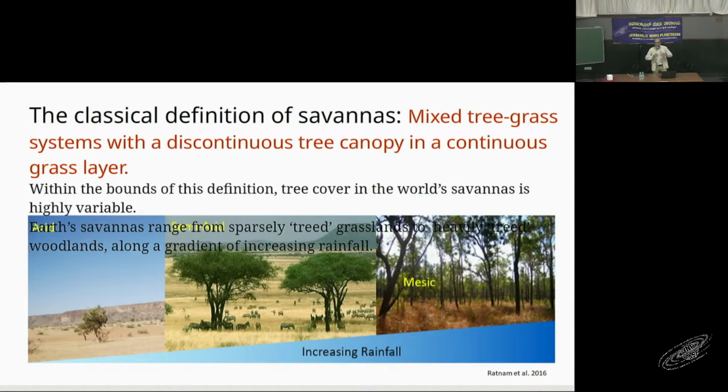And within this broad definition, it can vary from completely open systems with very few trees, such as on the left, to moderate tree density in the middle, and even high tree densities, almost forest-like, on the right. And this depends on how much rainfall comes into any given system. There are a couple of other factors, but it's mainly rainfall that's a key determinant of whether you have a very grassy system or more of a treed system.